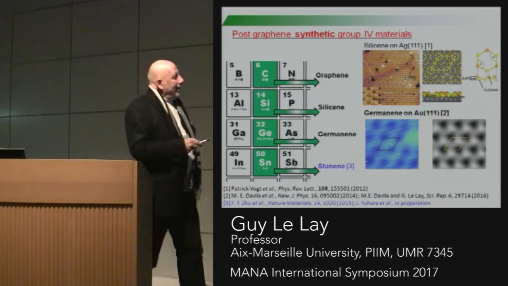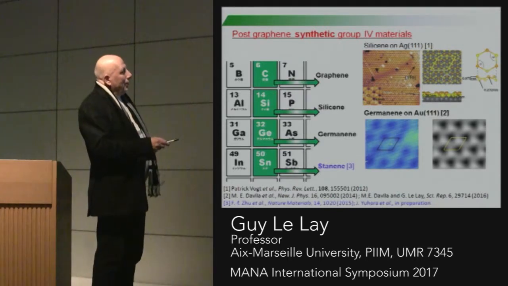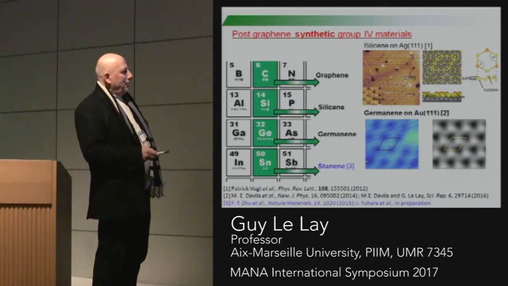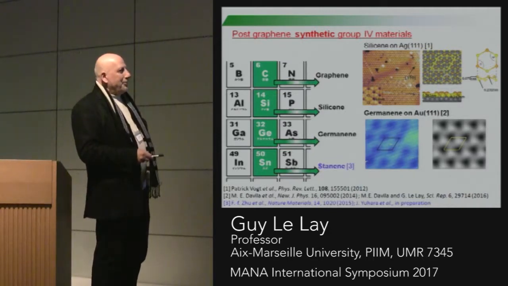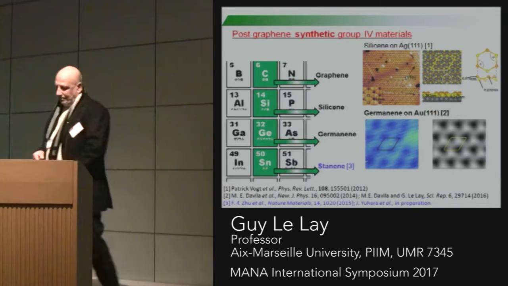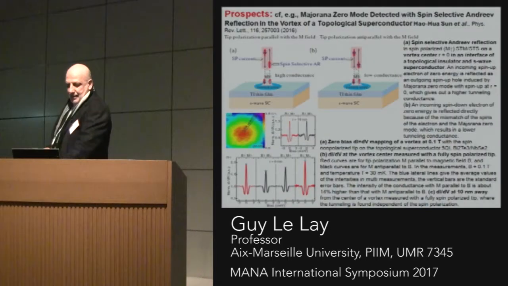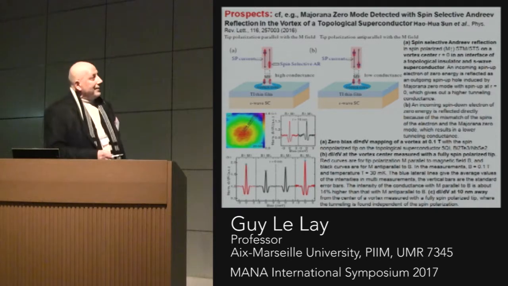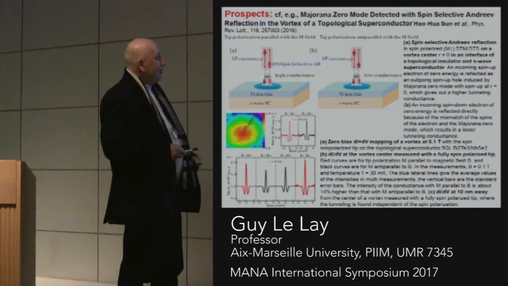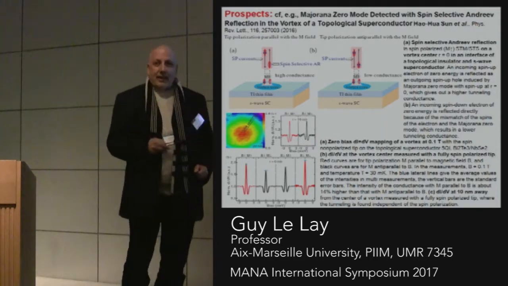Okay, so beyond graphene, we grew silicene. Last year or 2 years ago, we made germanene. And we have in progress, the paper is in preparation, stanene with Junji Yuhara sensei in Nagoya. Prospect, this is what I would like to work on now, the search for Majoranas.